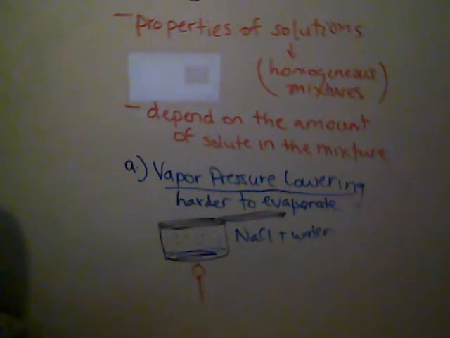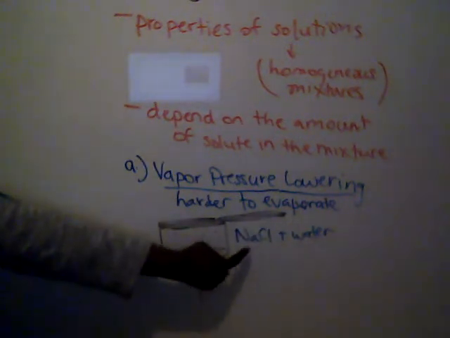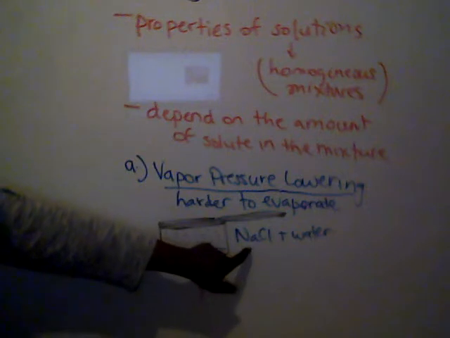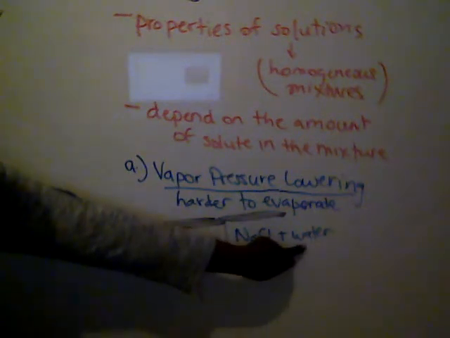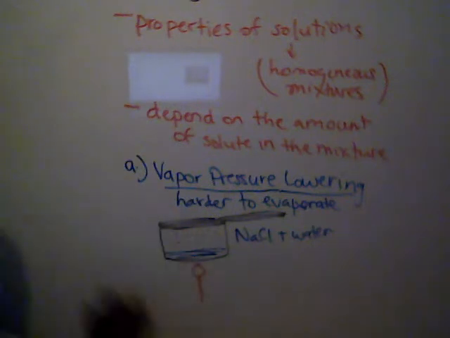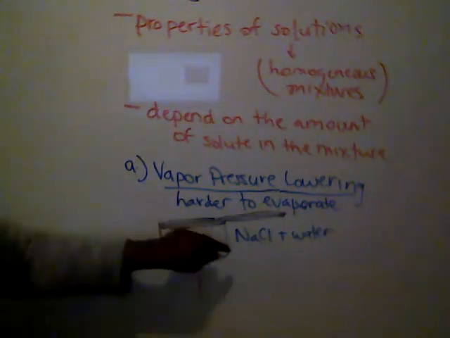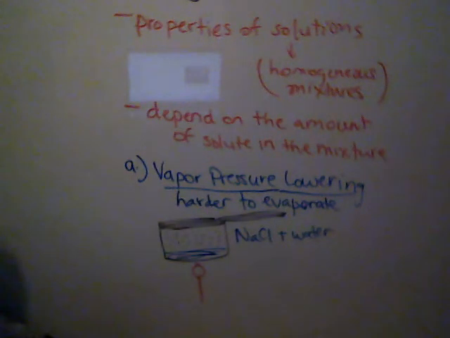So one of the issues when we have a mixture is that it's going to be harder for this to evaporate, because we would have to evaporate the salt, which is not likely to happen, and we would also have to evaporate the water. So the amount of gas that we'd be able to create would be lower in a mixture than if we just had water by itself. Again, the more salt we add, the harder it's going to become to evaporate.